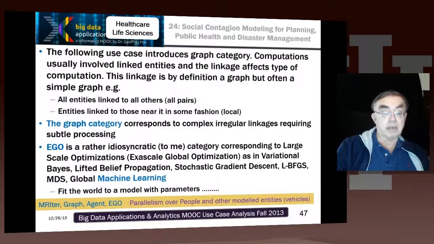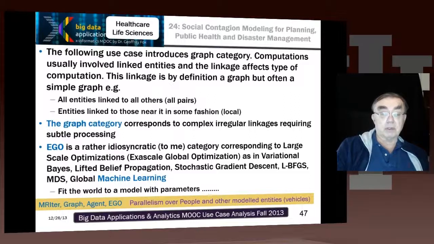There are various words in the literature such as variational Bayes, stochastic gradient descent, and a related method called LBFGS for analyzing these types of large-scale problems to find their minima, multi-dimensional scaling, what I call more generically global machine learning.